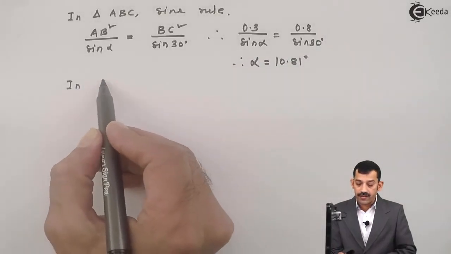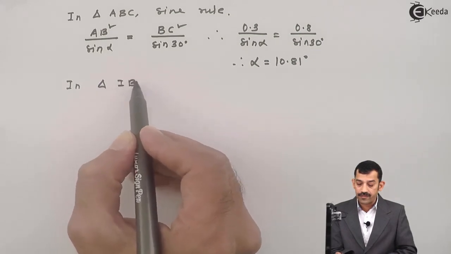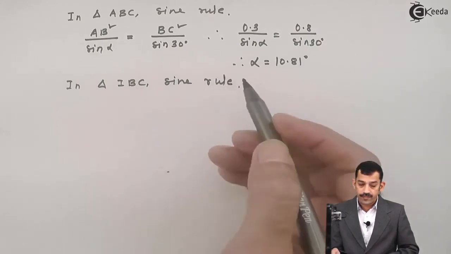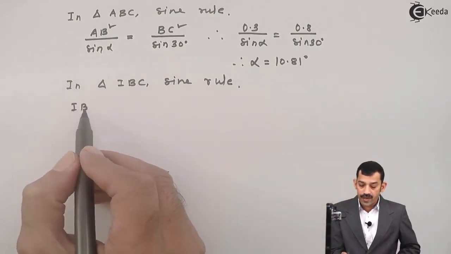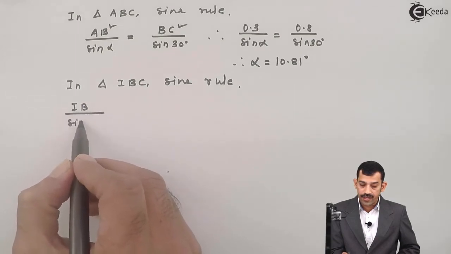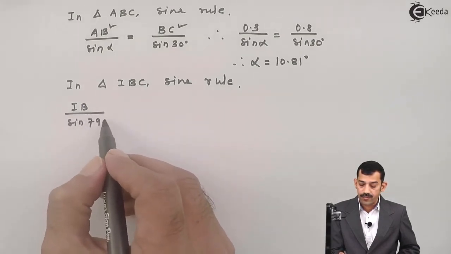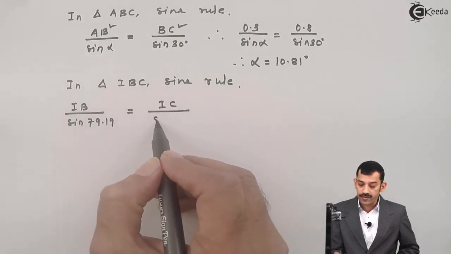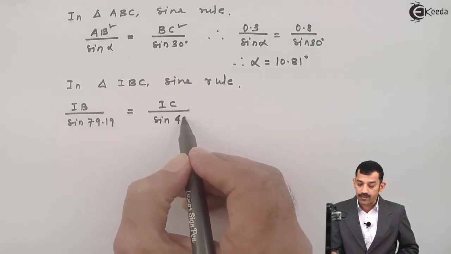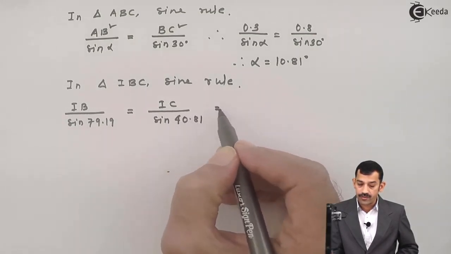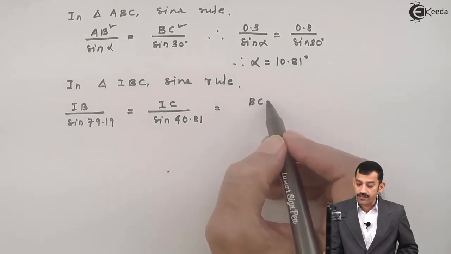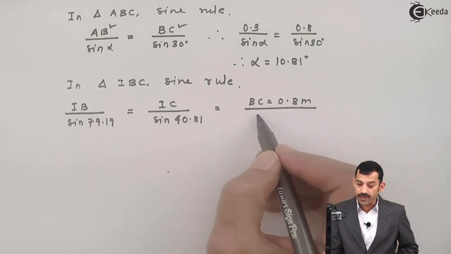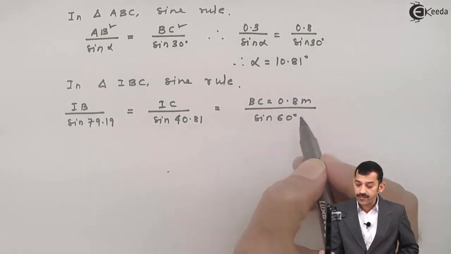In triangle IBC, if we use the sine rule, IB upon sine of opposite angle, that is 79.19, IC upon sine of opposite angle 40.81 equal to BC, where length BC is known, which is given as 0.8 meter, divided by sine of 60 degrees.